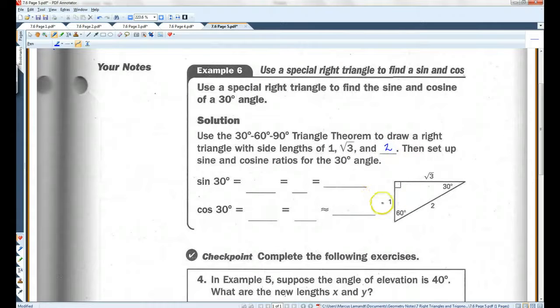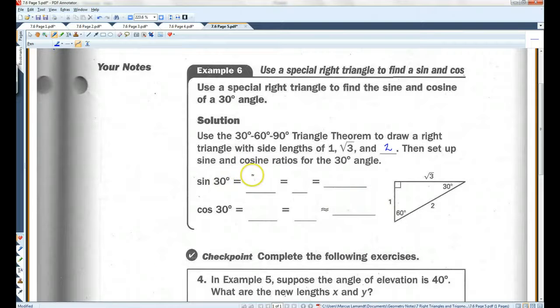Now, the reason we're doing this, if you remember, in a 30, 60, 90 triangle, the hypotenuse is 2 times the short leg, and the long leg is root 3 times the short leg. So in this case, because the hypotenuse is double the short leg and the long leg is root 3 times the short leg, you know this has to make a 30, 60, 90 triangle. And since they don't specify what kind of 30, 60, 90 triangle, this one will work.